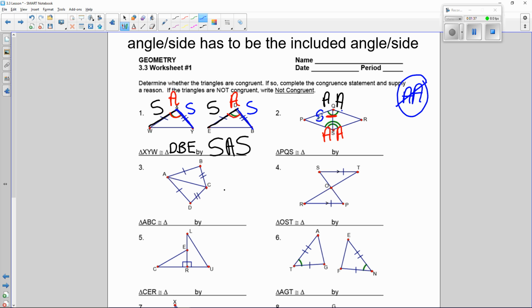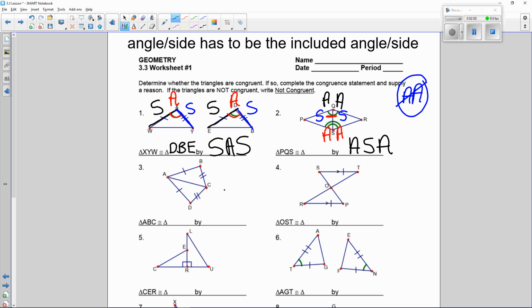That means the base of both of these triangles, they have in common. And since that side is the included side, meaning it's in between the two congruent angles, we can say the triangles are congruent by angle, side, angle.